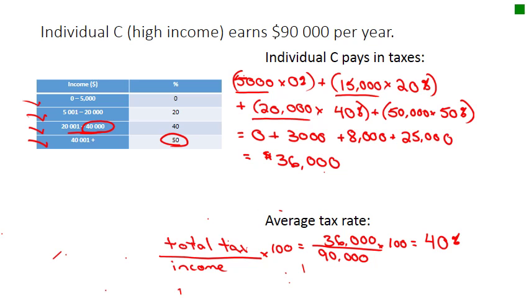And let's just do a check here. So far we're at 5,000 plus 15,000 plus 20,000. So that's at 40,000, and that of course coincides with this. We've taken care of the first 40,000 of income, which leaves us now with another 50,000 taxed at 50%.